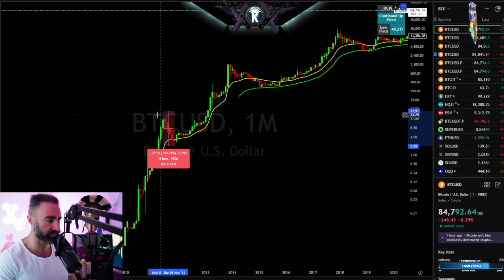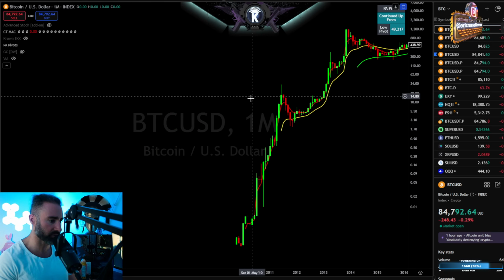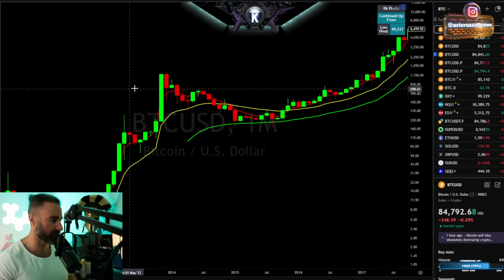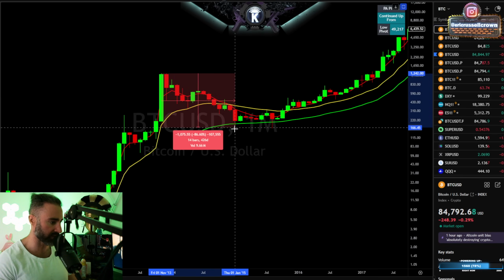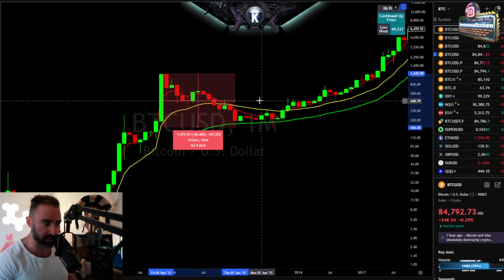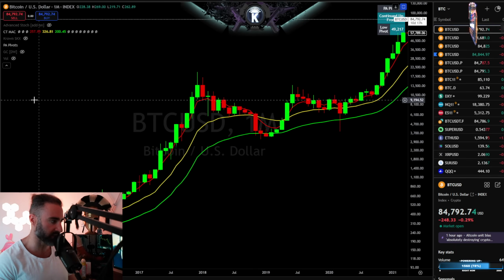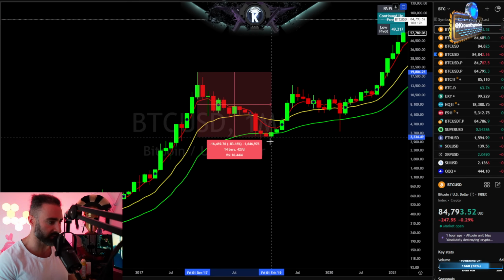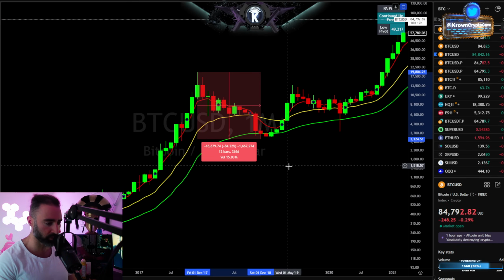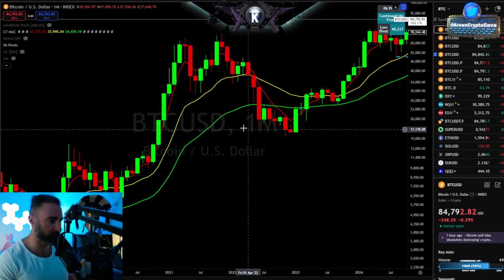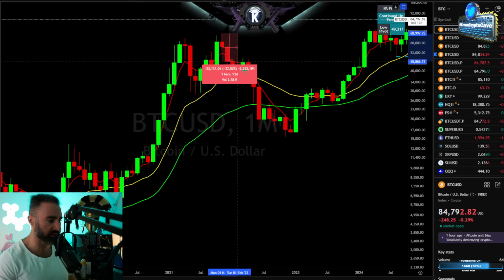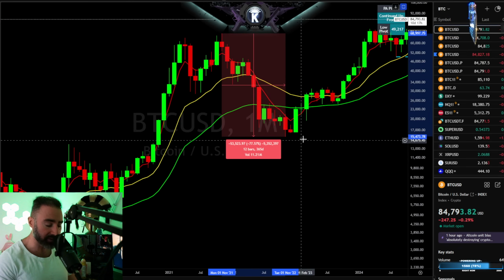So this one here is almost 94% on the first cycle. Then from that cycle to the next, it comes down about 86.5%. So we're seeing a reduction already. Then in the 2017 cycle it comes down 84.25%, so again reducing a little bit. And then the most recent cycle, we saw it come down about 77.5%.